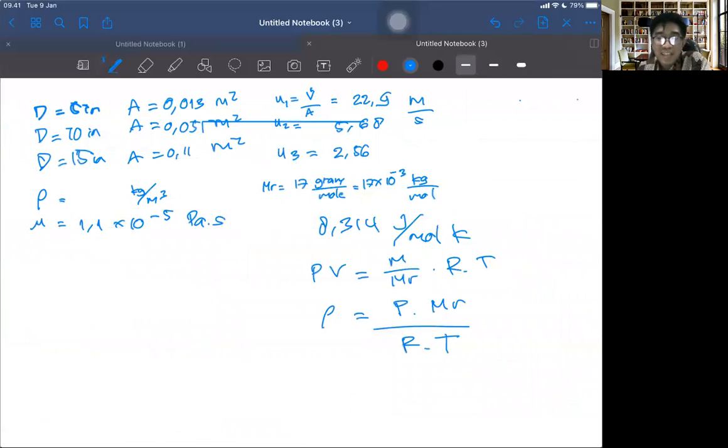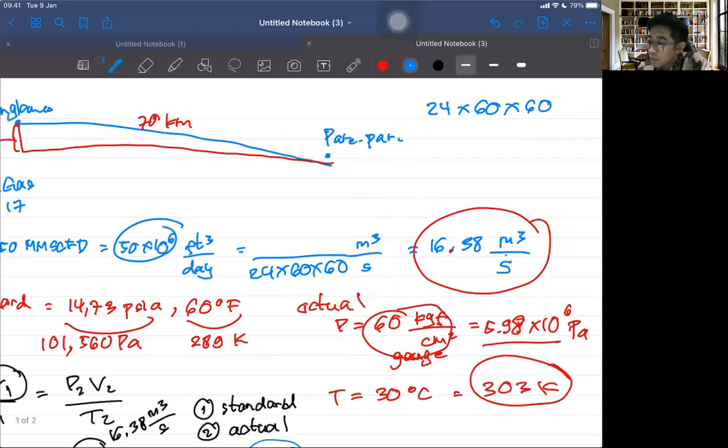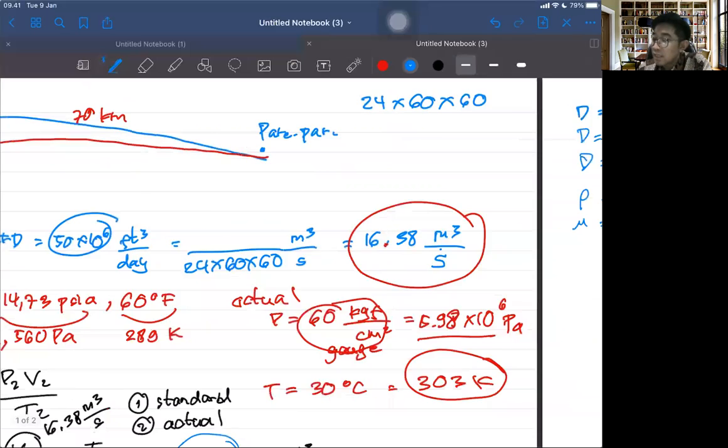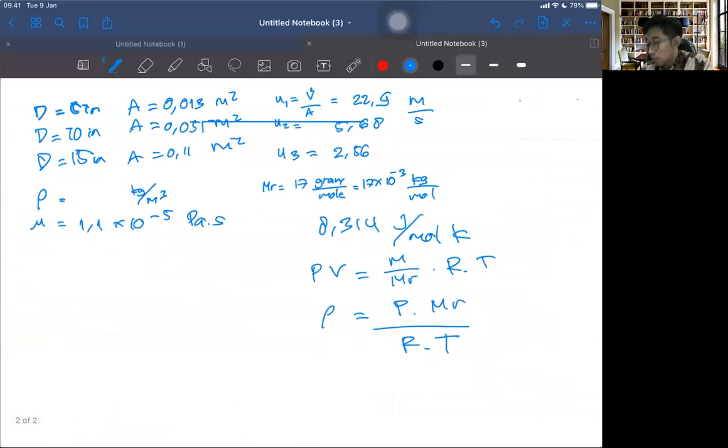The density of air, around 1 kilogram per cubic meter, is measured at atmospheric condition. If the pressure is 10 to the power of 6, it's around 10 times atmospheric pressure, so the volume will be very small and the density will be very high.